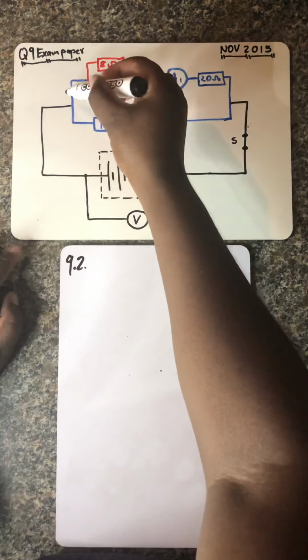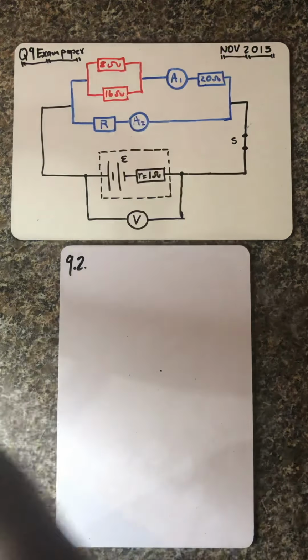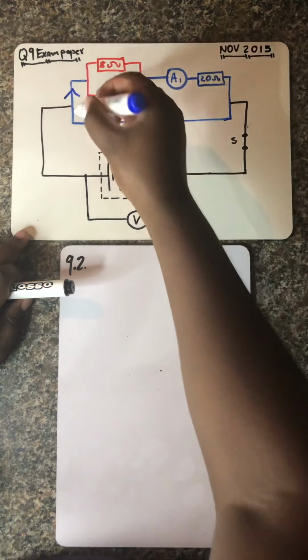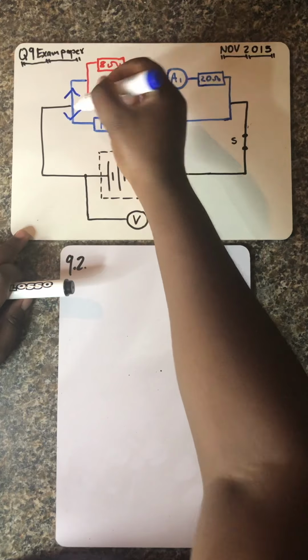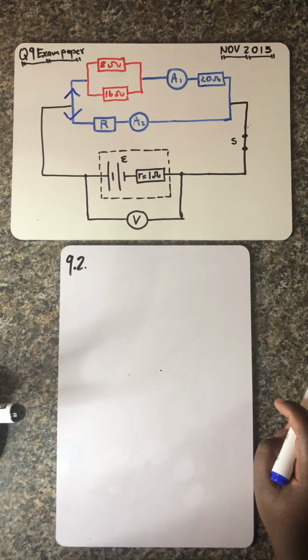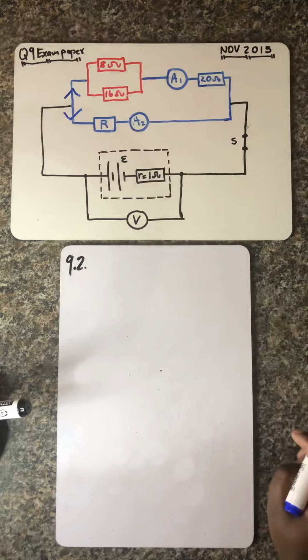Let me indicate with arrows: you're going to have the current flowing in that direction and another current flowing in that direction. So it splits. And again, it doesn't necessarily mean that it splits in equal halves. It depends on the resistance.